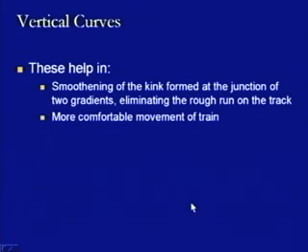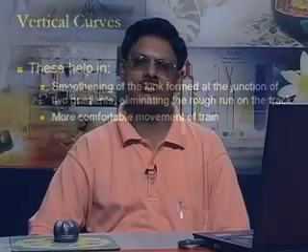Then these help in smoothing of the kink which is formed at the junction of two gradients. This is one aspect: the kink is being eliminated and smoothened out. And as soon as the kink is smoothened out, it helps in smooth running on the track, therefore the rough run is eliminated.